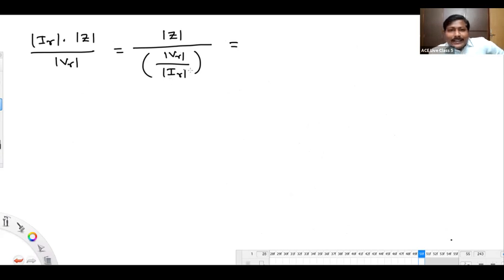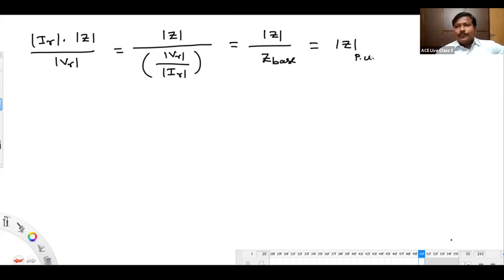Assume that these are rated values, or base values, for the time being. So you can write this as mod Z by Z base, since V base by I base is Z base. This will be the magnitude of impedance in per unit domain under rated conditions.